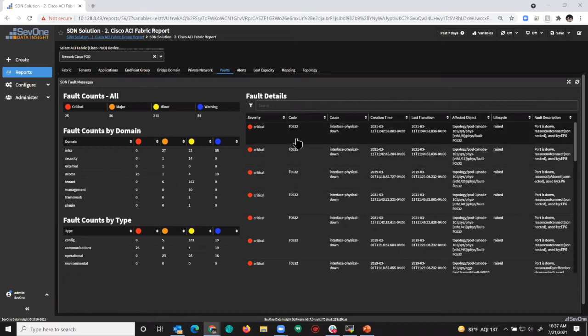Everything we do is based on faults, and in Verizon we have the ability, in the collector, to say we want to generate SevOne alerts based on faults. These faults are real-time ones. But if I actually want to generate something that I want to keep in SevOne, and in Verizon the implementation is that your escalation systems come to SevOne to gather faults that have been generated, we subscribe to a specific list of faults from ACI.